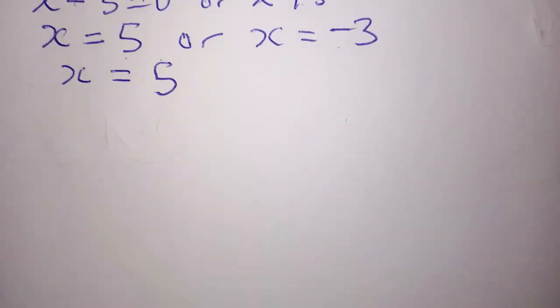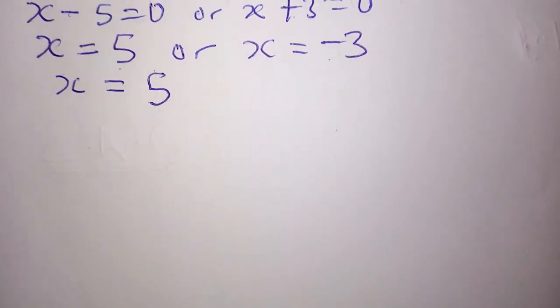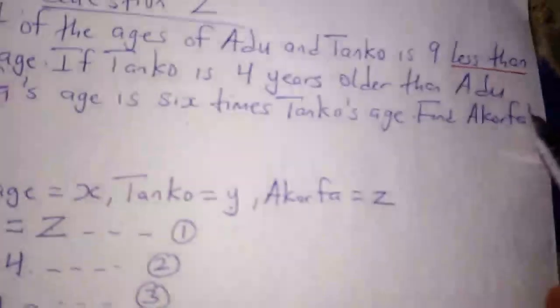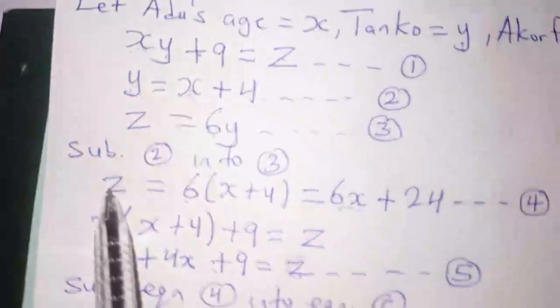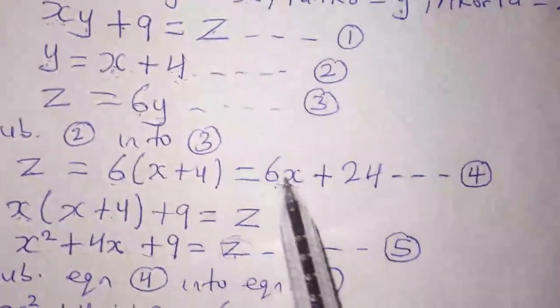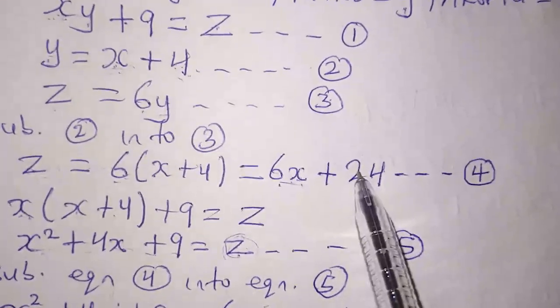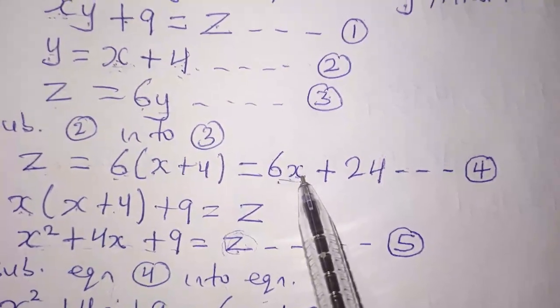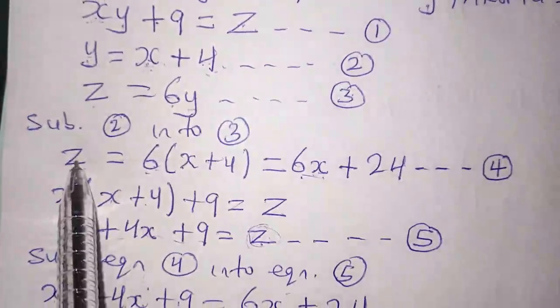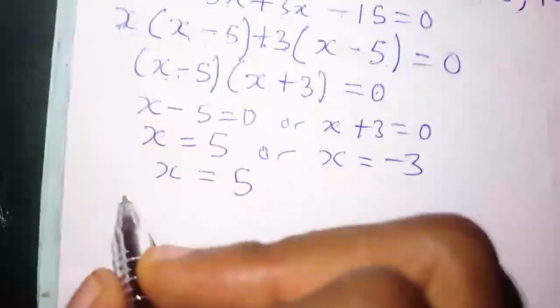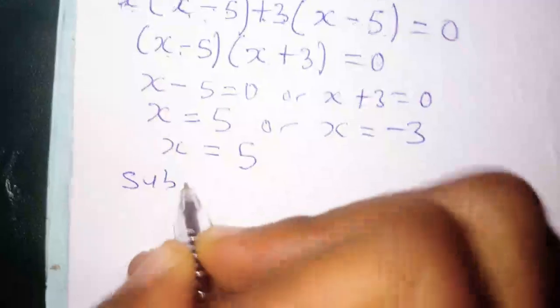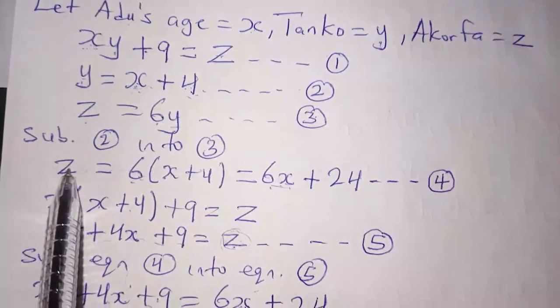What we were told to find is what? Remember, we were told to find Akufa's age, which is z. And you remember that z is equal to what? 6x plus 24. Now that you have gotten x, you can get Akufa's age, which is z. So we substitute x equals 5 into the equation that has Akufa's age, which is equation 4. z equals 6x plus 24.